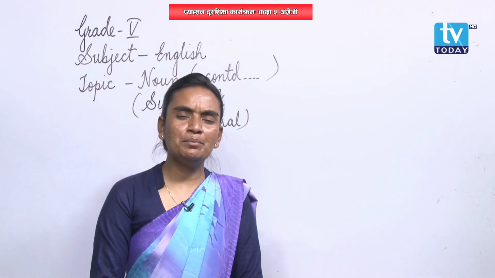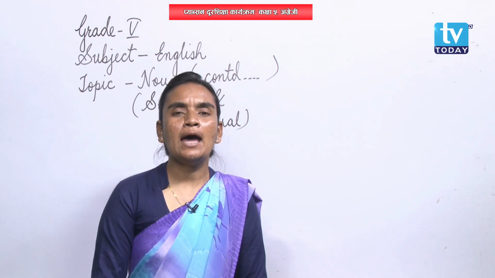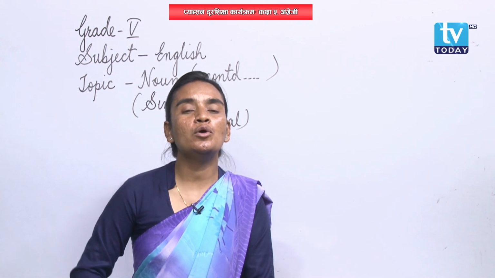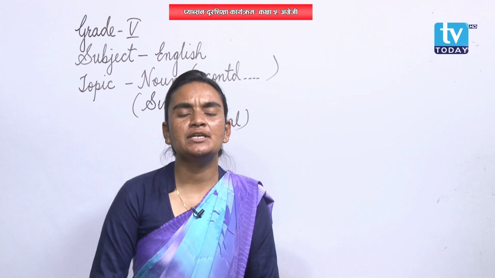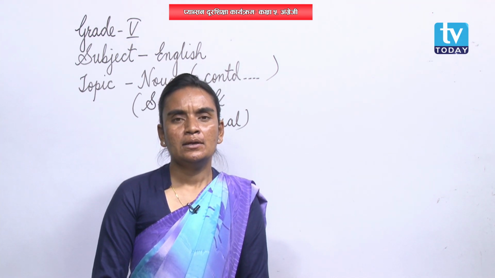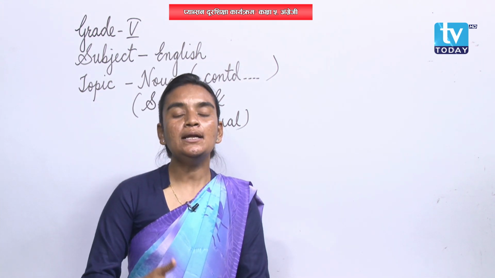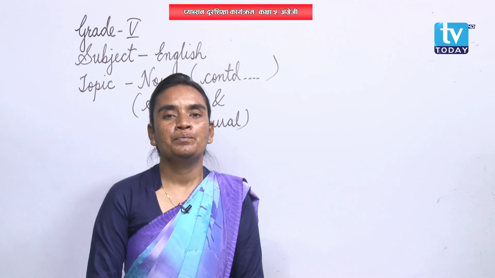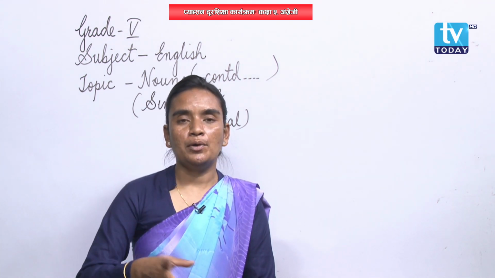But besides that, you may be thinking, then what is plural noun? Plural noun denotes the number which is more than one. Many in number, also we can say. If you remember some examples, for example, we have book, a single book. Then simply we say book or one book.